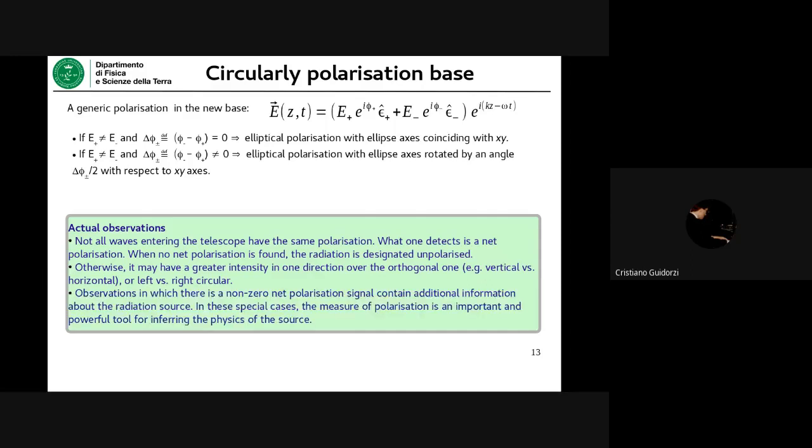And when this is the case, this is a very important piece of information, because it is telling you something about the way the electromagnetic wave was generated. If there is indeed a preferred direction, it tells you something about the properties of the source itself. So by studying the polarization properties, particularly when there is a hint of non-zero polarization, you can gain insights into the nature of the emission process, and so into the configuration of what in the source is responsible for the emission.